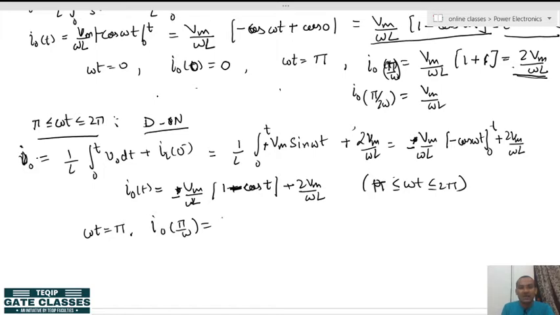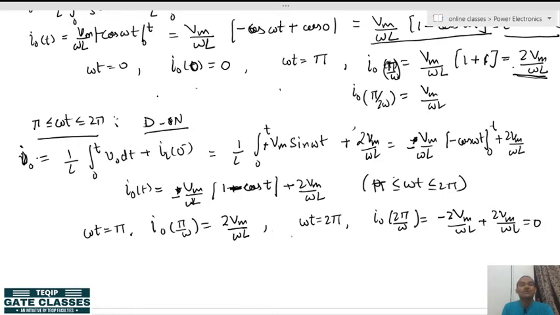When you calculate, you will get the same value, 2 Vm upon omega L, and when you put omega t equal to 2 pi, you will get minus 2 Vm upon omega L plus 2 Vm upon omega L, equal to 0.